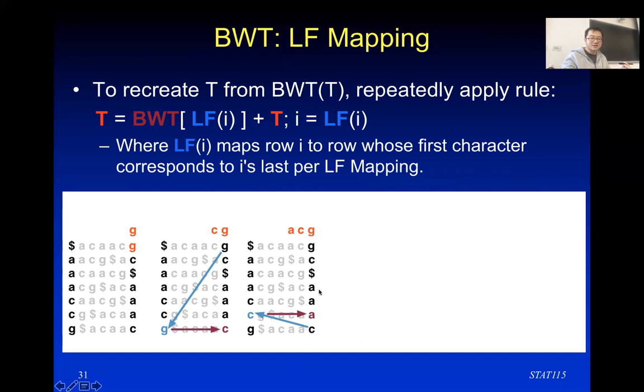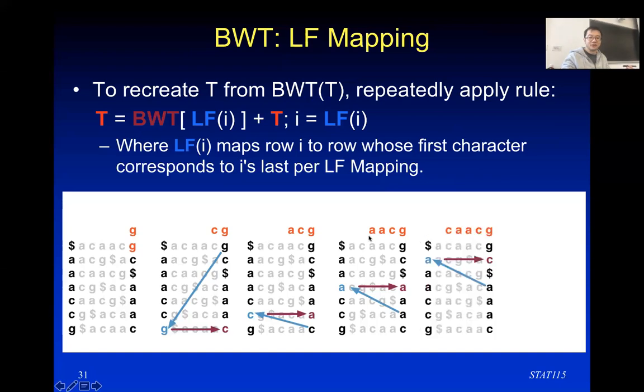And this A is the third A in the last column. So it corresponds to the third A in the first column. And then we look at what's on the last column in that row, which is also A, and we add A to the reference genome. And this A is the first A in the last column, so it corresponds to this row.